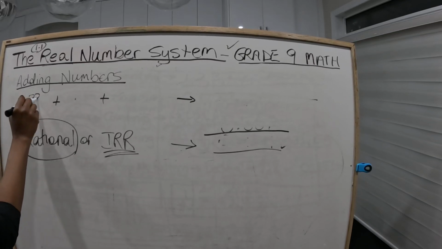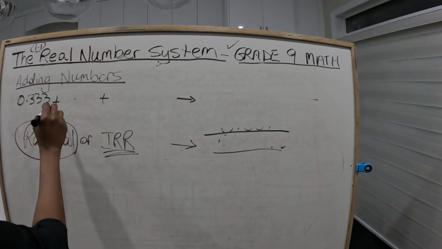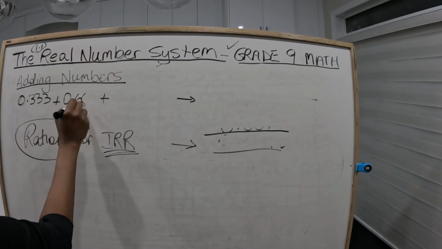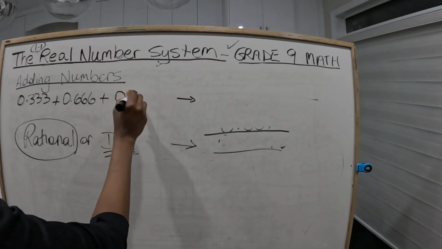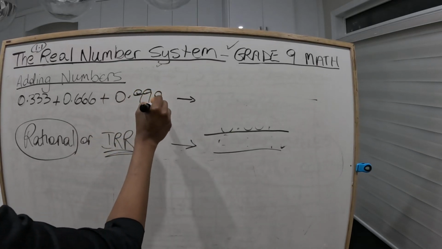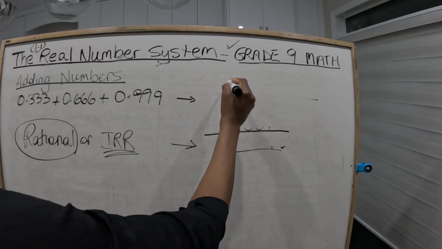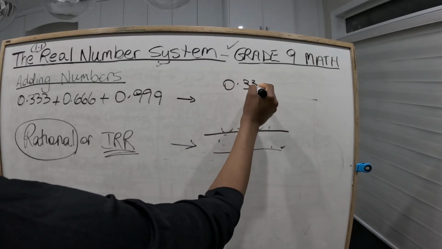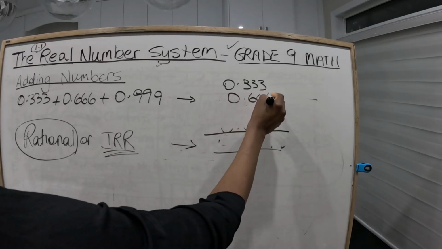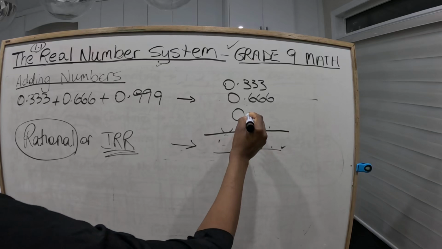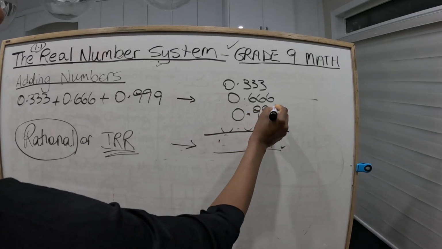0.333 plus 0.666 plus 0.999. So we're just going to put them here. 0.333, 0.666, and 0.999.